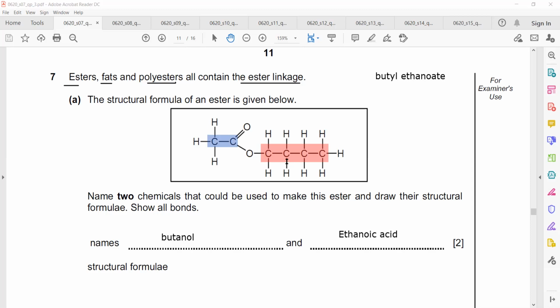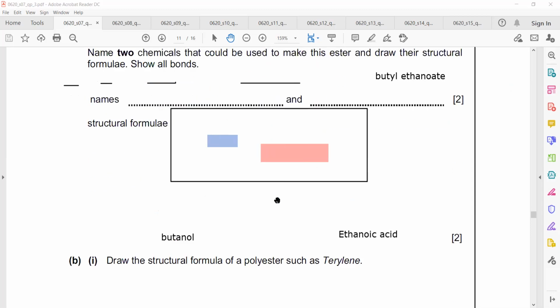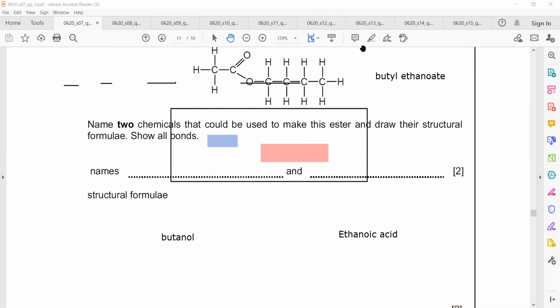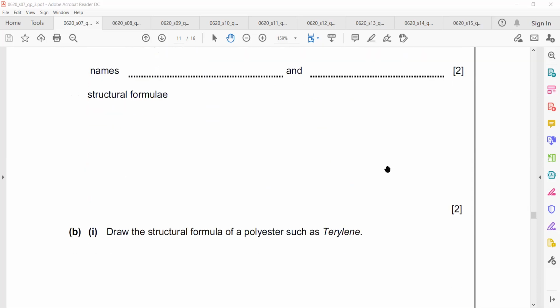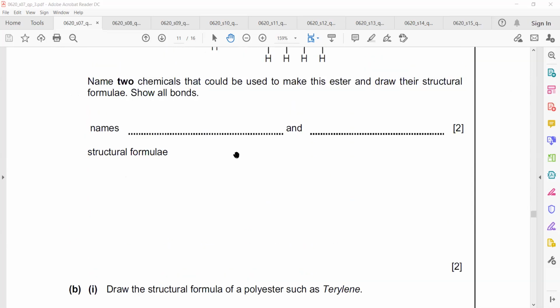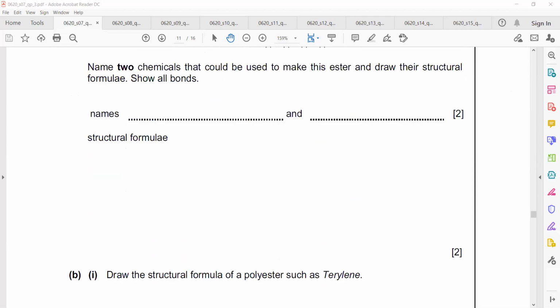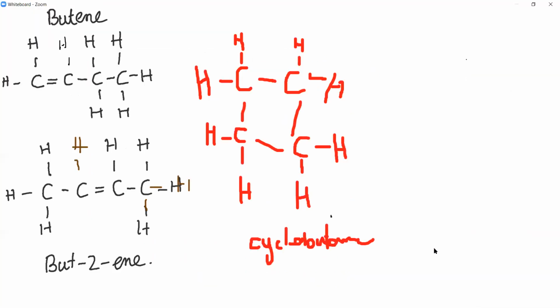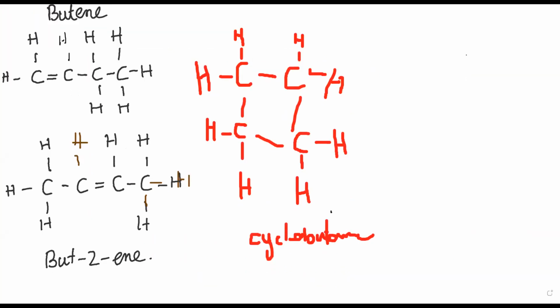Then you have to draw the structure of the two compounds. So I want everyone to use screen annotation to draw the structure of butanol and ethanoic acid. Just a minute, I will use a whiteboard so you can have more space. Draw the structure of butanol and ethanoic acid and show all the bonds when you draw the structure. Butanol and ethanoic acid.